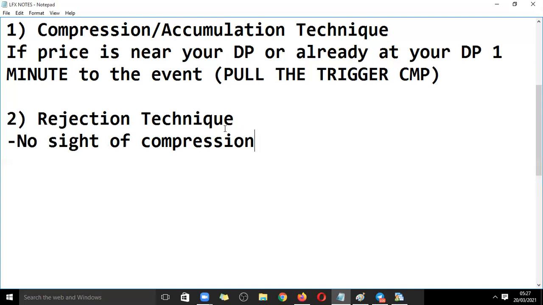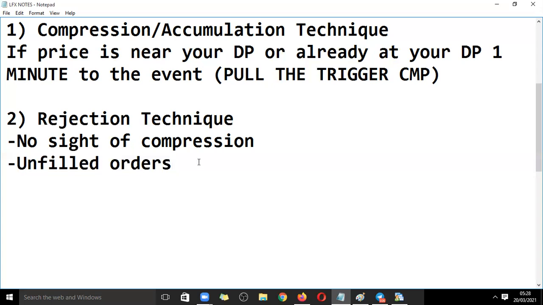So now the rejection technique is built under the concept of unfilled orders. Usually when high impact news is released, the smart money, the IT, or whatever you want to call them, usually use that window of opportunity to trigger unfilled orders.